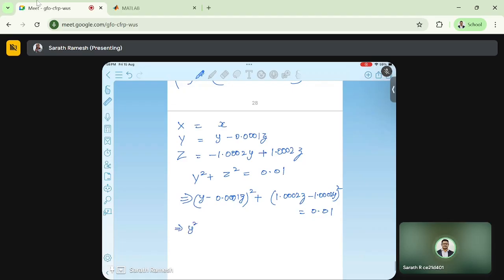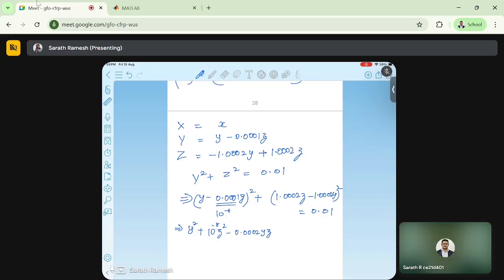So y square plus 0.0001 squared, so this is 10 power minus 8 z square, a square plus b square minus 2ab, so minus 0.0002 yz.